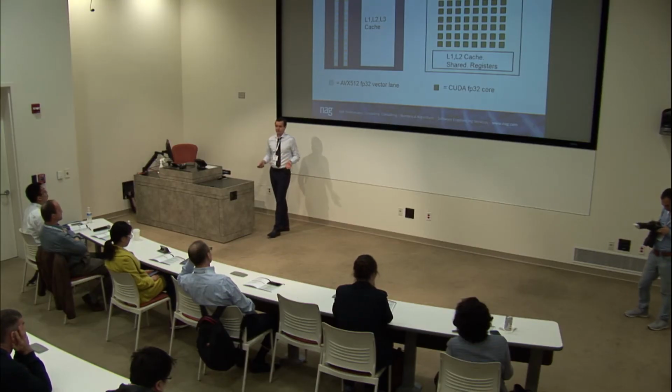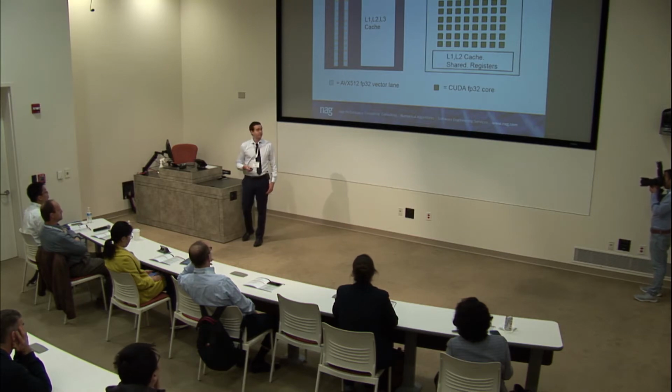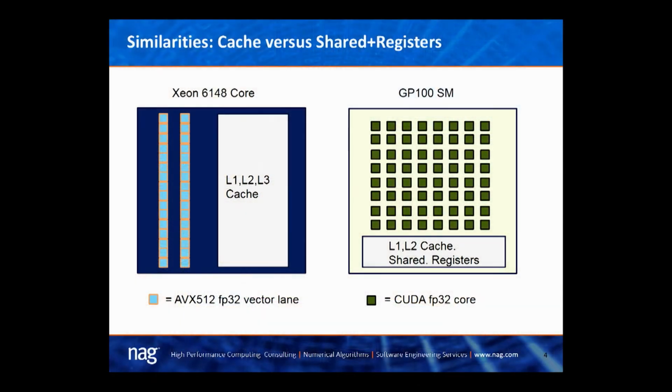Another similarity, on the CPU, we have a lot of cache, a lot more than the GPU has. But GPU also has cache. Actually, it has 3 things which kind of work as a cache. And what cache does is it optimizes the runtime of code that reuses data a lot. And a lot of finite difference code reuses data. And so we want to make use of that cache.